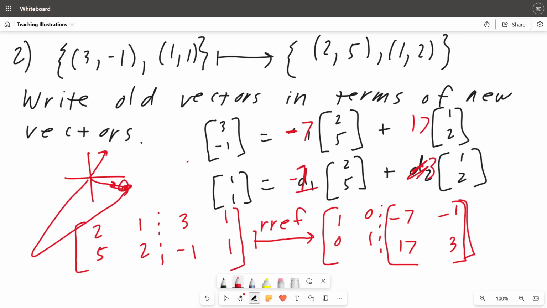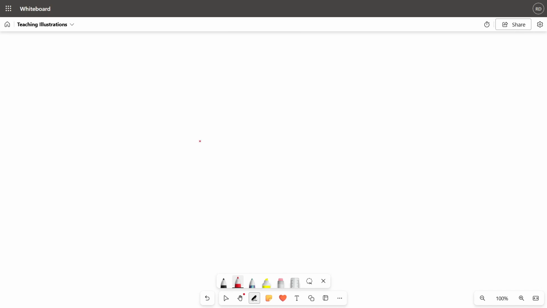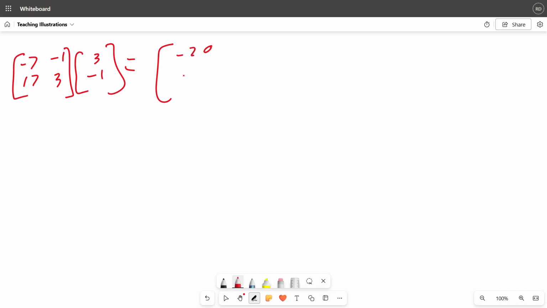And so that means if you are given, as this problem says, (3, -1) in the old system, you would then multiply by this transition matrix, which gives you (-20, 48) in the new system.